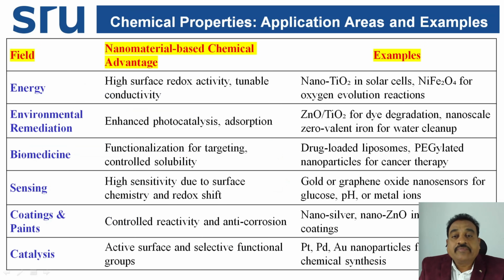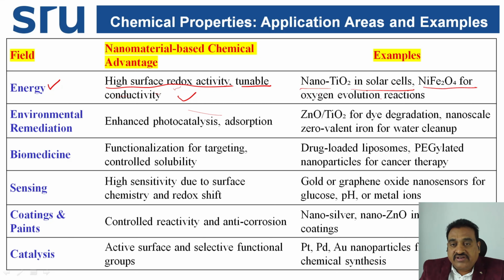So, coming to chemical properties, application areas, and examples. You see, energy field: the nanomaterial based chemical advantage is high surface redox activity and tunable conductivity. The examples are nano titanium dioxide in solar cells and NiFe2O4 for oxygen evolution reaction.